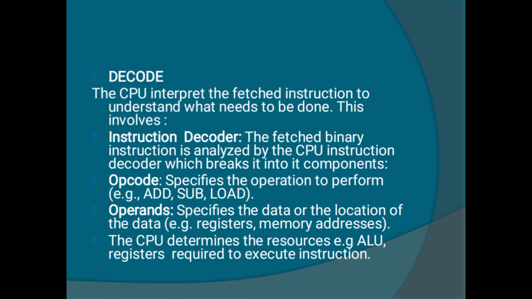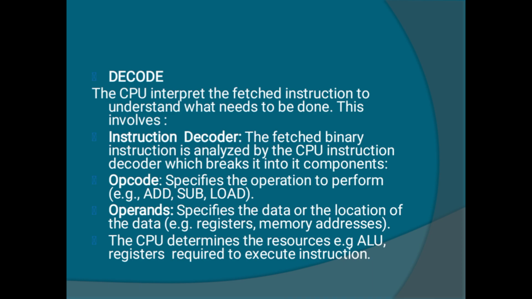Decode. We are now on decode. The CPU interprets the fetched instruction to understand what needs to be done. This involves the instruction decoder. The fetched binary instruction is analyzed by the CPU's instruction decoder, which breaks it into its components. Opcode: it specifies the operation to perform.